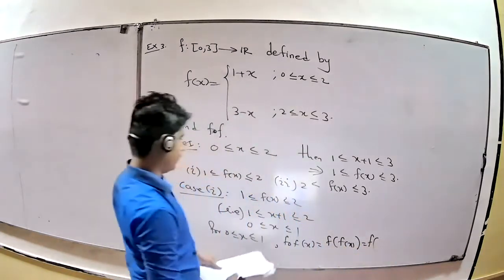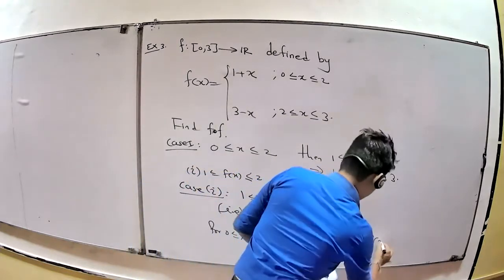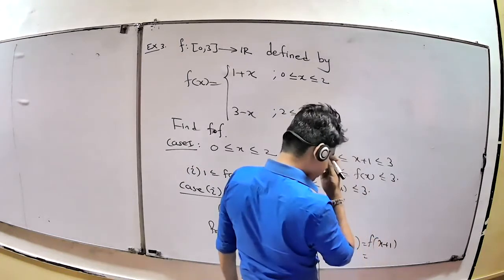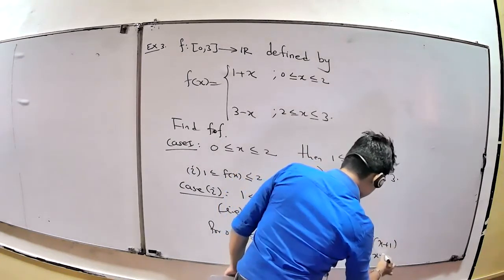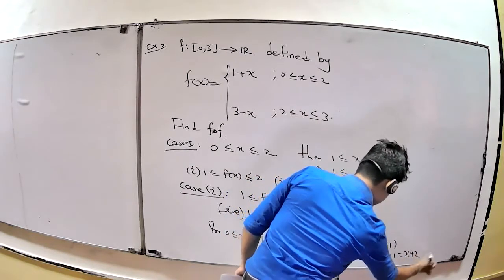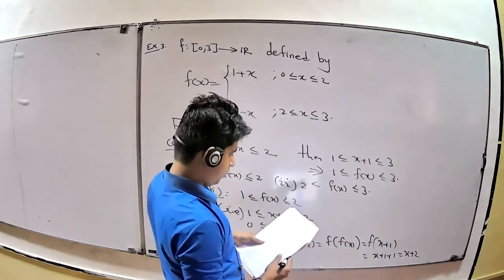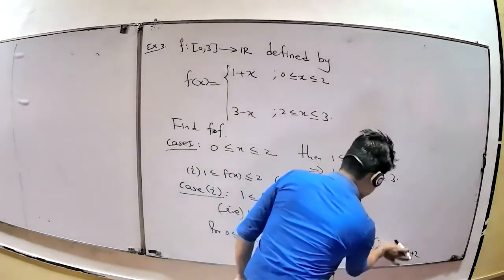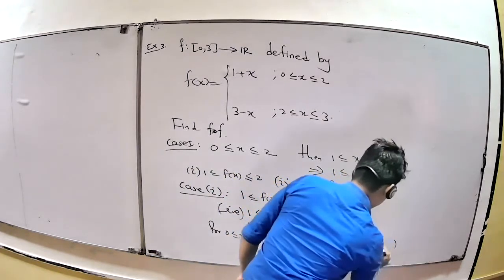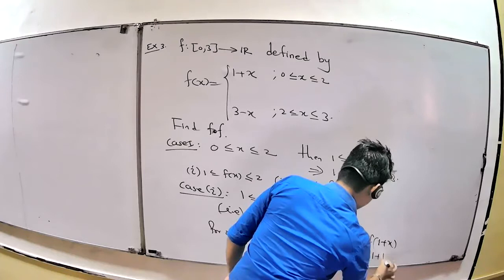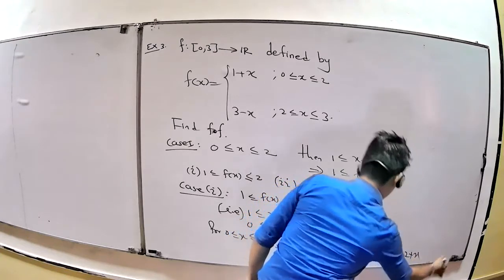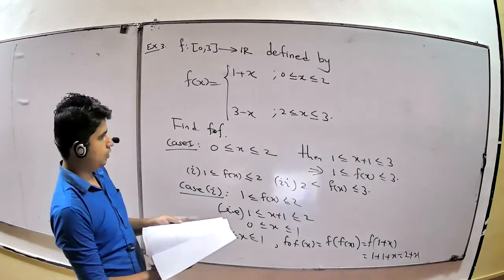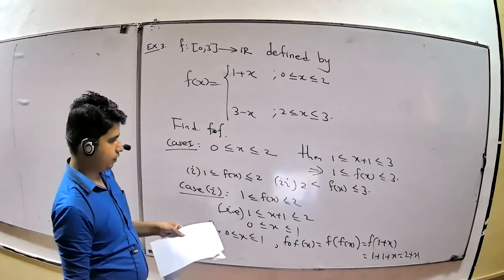F of x becomes x plus 1. Now again, f of x plus 1 means what do you put? Sorry, 1 plus x. F of 1 plus x means again 1 plus 1 plus x, therefore 2 plus x. Okay, 2 plus x for this case.